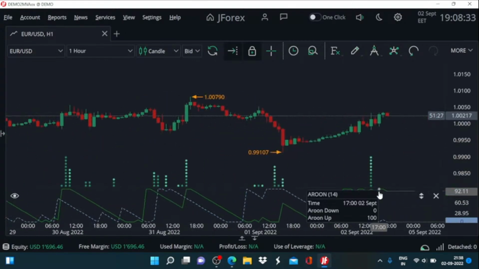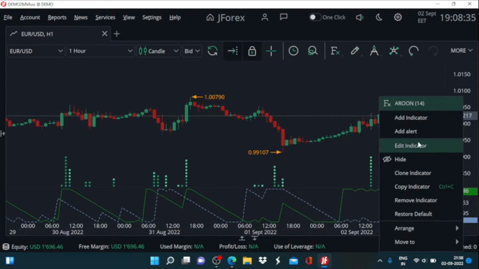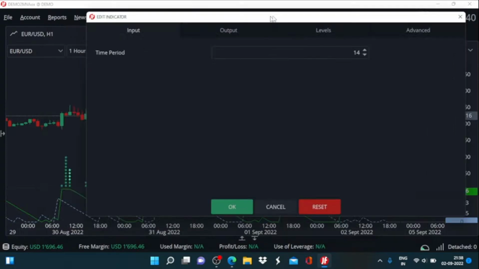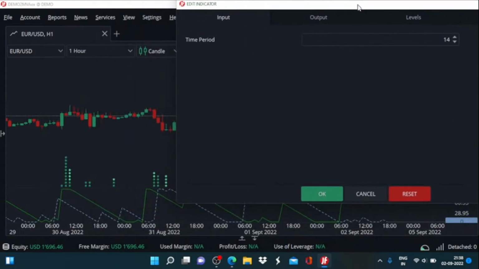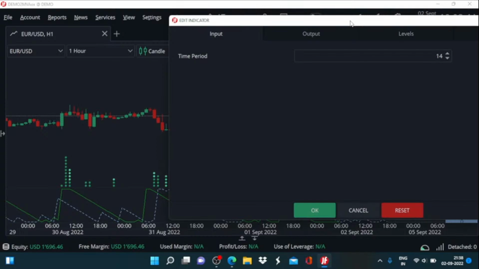Now let us see what we can do with this indicator in terms of customizing it for our requirements. All we can do is vary its calculation period. If you want the trend to be more reliable, then you can extend this calculation period to, say for example, 24.